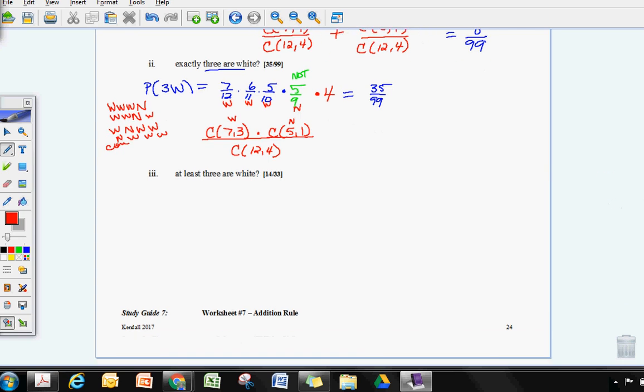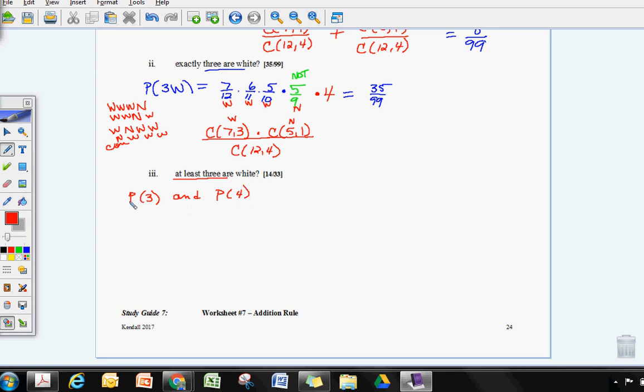Last one that we're going to look at has the word at least 3. That means the probability of 3 would work, and the probability of 4 whites would work.